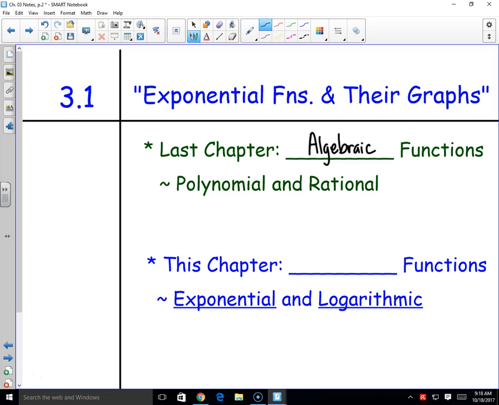But what we're starting in on this chapter, they're called transcendental. Man, I cannot spell. Oh no, I was right. Transcendental functions. They transcend. That sounds nice.